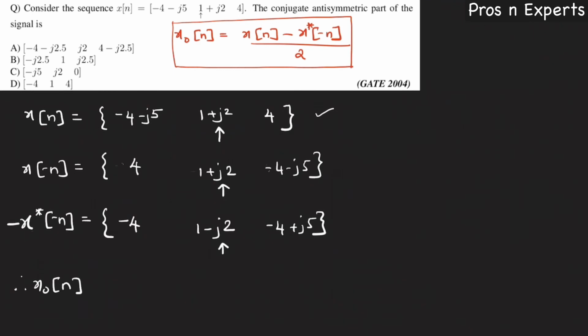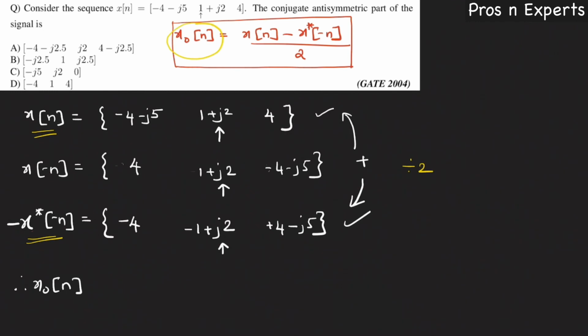So minus 4 here, minus 1 plus j2, plus 4 minus j5. Minus 4 minus j5 from x of n, so we have to add these two signals, that is x of n minus x star of minus n, and finally you divide by 2. Then you will get xo of n.